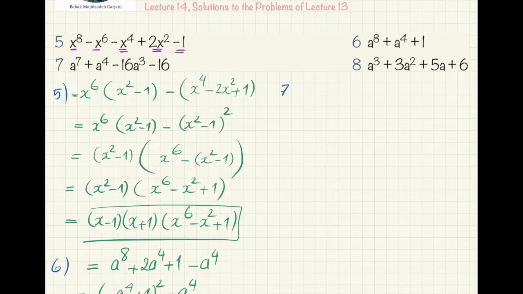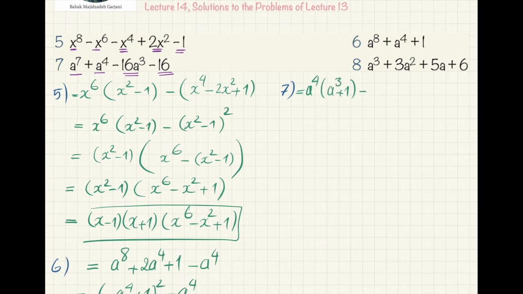So what is a good combination here? If you look between these two, I can factor a to the 4 out, and between these two I can factor negative 16 out. I can write it in this form: a to the 4 times a to the 3 plus 1.